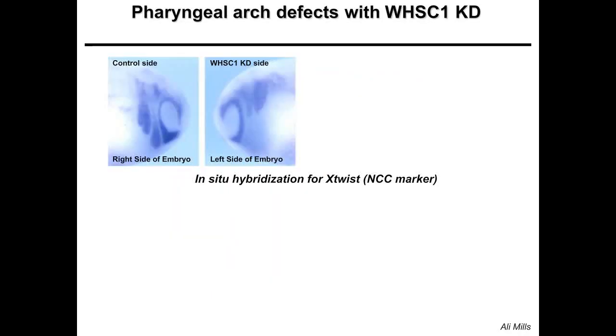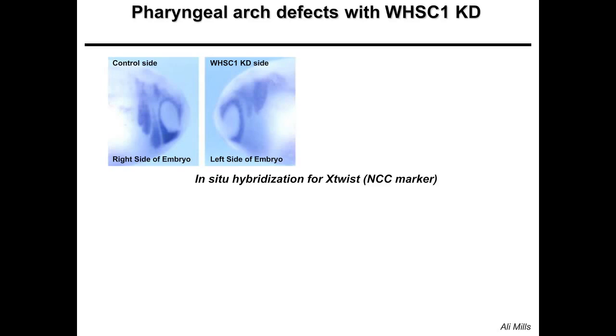So now what we've been doing is knocking down these genes individually and collectively and looking at possible phenotypes during development. For example, when we knock down WHSC1 only on the left side of the embryo, and then we did an in situ for X-twist, again a neural crest cell marker, what we found is that the craniofacial neural crest cells do not migrate as far down as in the control injected side.